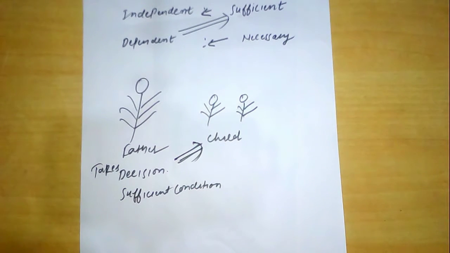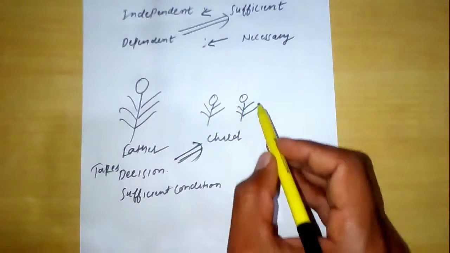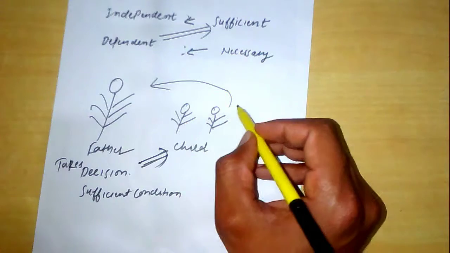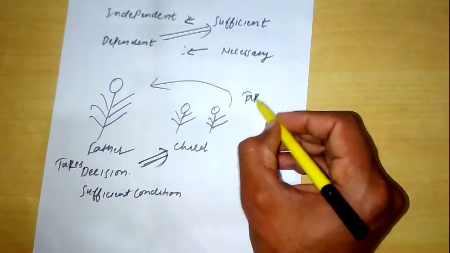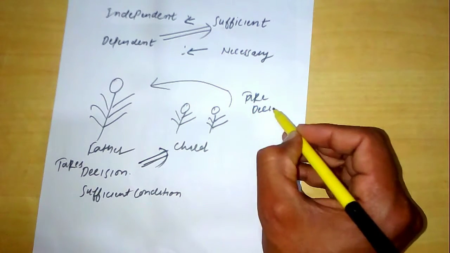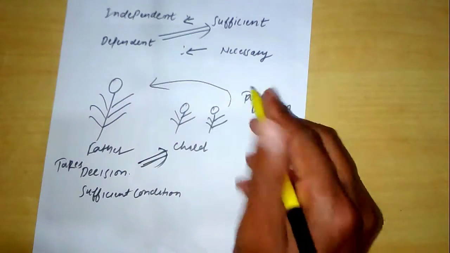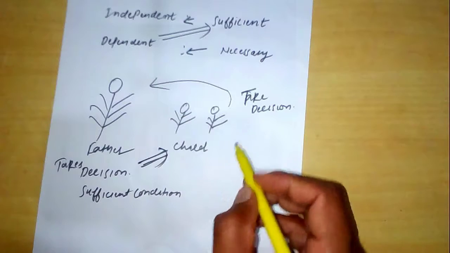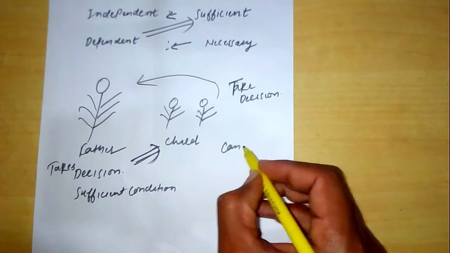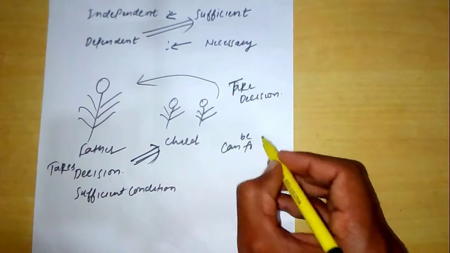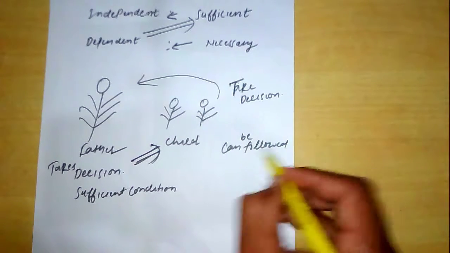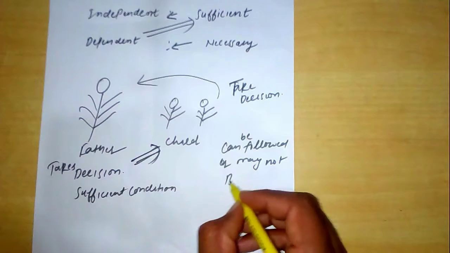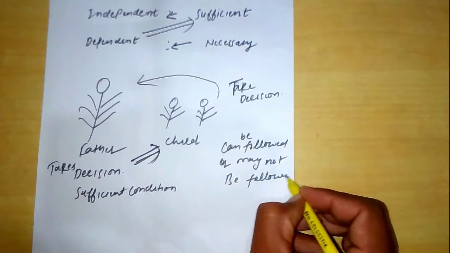But if I talk about the reverse case, if any one of the two children takes a decision, then that can be followed or may not be followed.